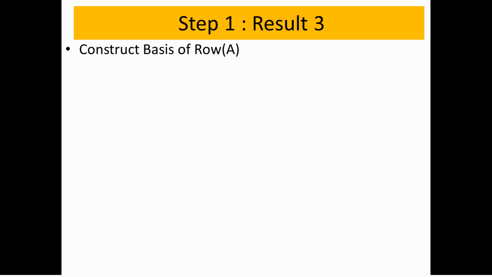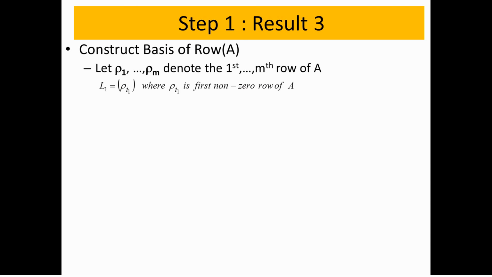So the first step, what we're going to do is construct a basis for the row space of A. So I'm going to let there be m rows in A. I'm going to call the first row row 1, literally, on up to row m. And I'm going to construct a list.